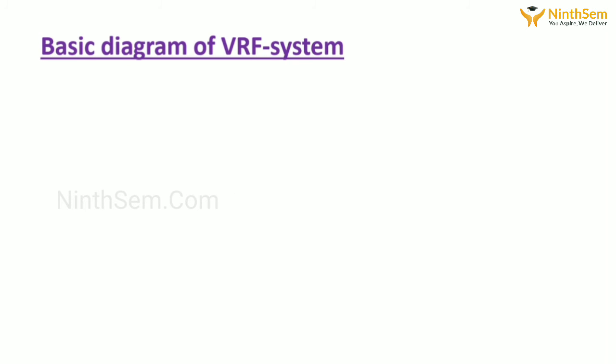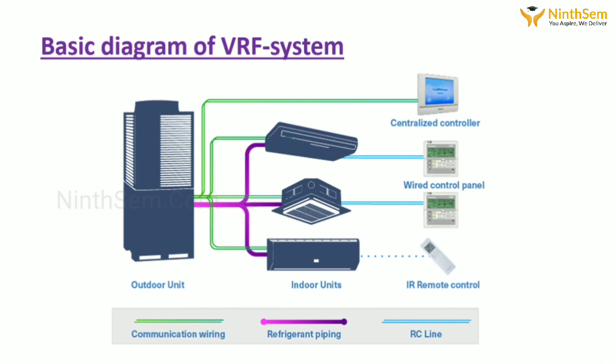Here you can see the basic diagram of VRF system, that is, one outdoor unit connected with several indoor units, and you can see the different types of remote controller.